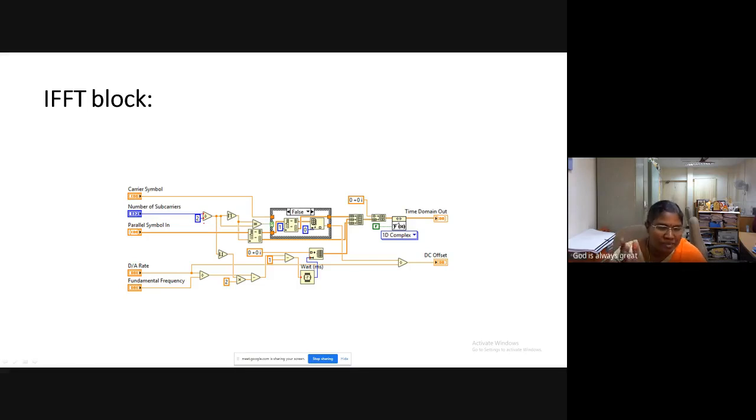In the normal frequency domain, you will be having a signal like this. This is your frequency spectra. In the frequency spectra, you will be looking at the number of subcarriers. What is exactly at the center is the zeroth subcarrier. This part is your positive part and this part is your negative part.